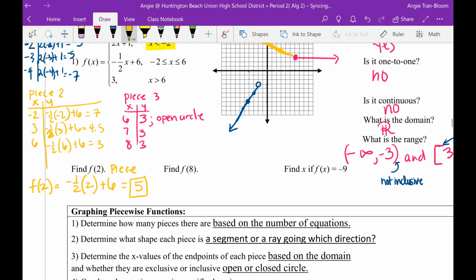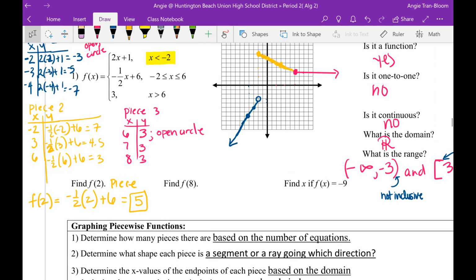Now similarly, we're going to find f of 8. I want you to think in your team and discuss which one of the 3 pieces we're going to pick. Then I'm going to shuffle your cards and call on someone. Okay.